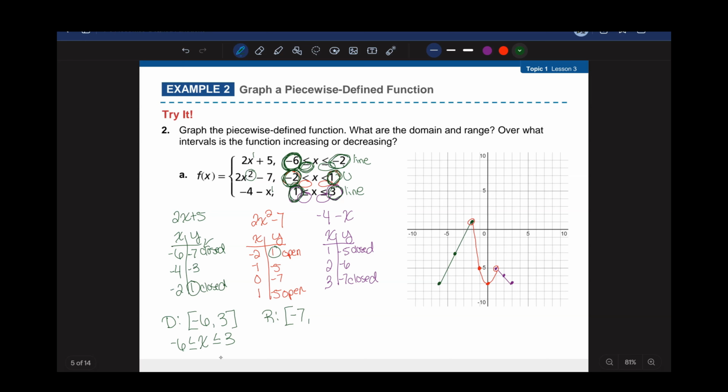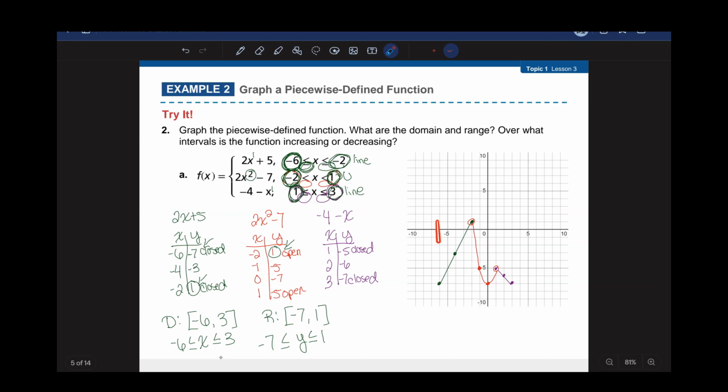And at 1, I'm open with this equation and closed at this one, so that is included. So all the way up to 1. So my y's are between 1 and -7. Again, you can look at that visually on here. -7 is the lowest, and I have y values all the way until I get to +1.